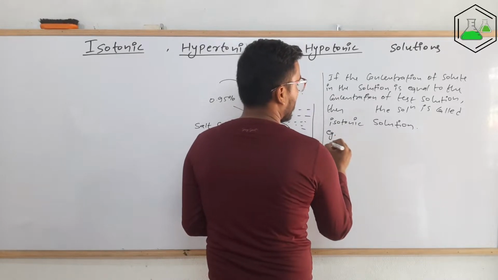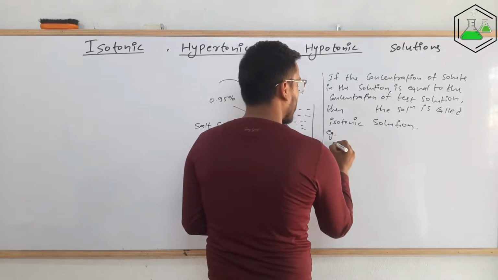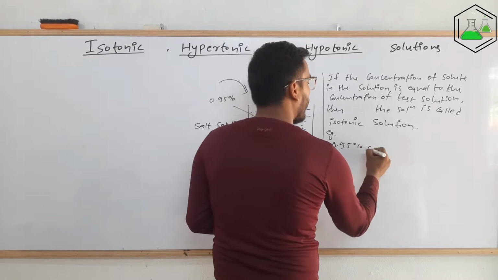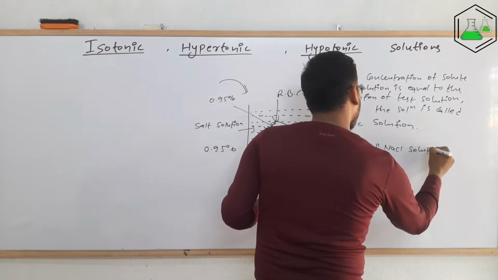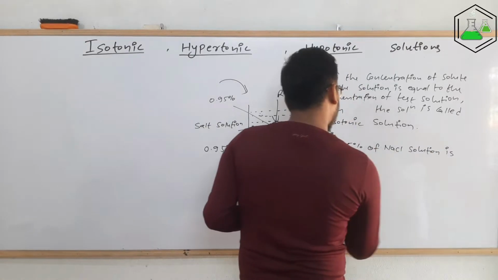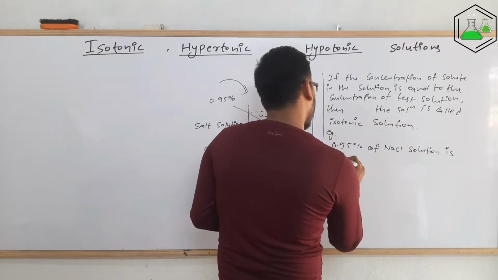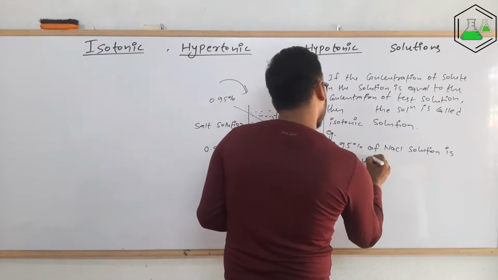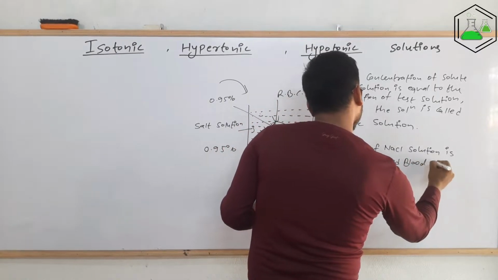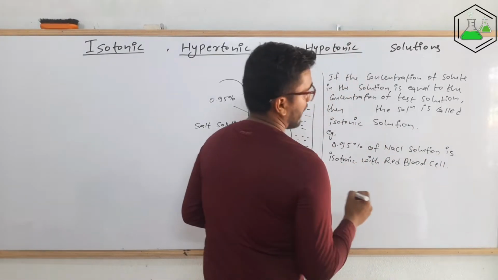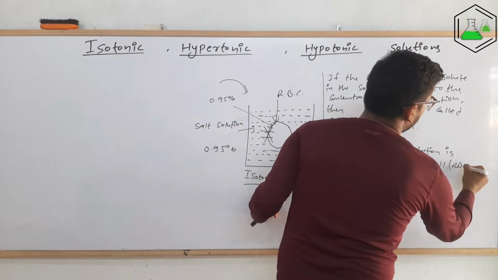Example: a 0.95% sodium chloride solution is isotonic with the red blood cell, that is RBC.